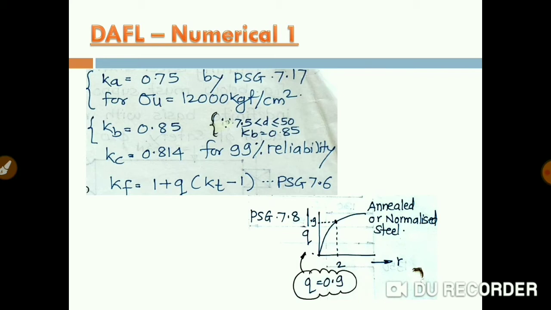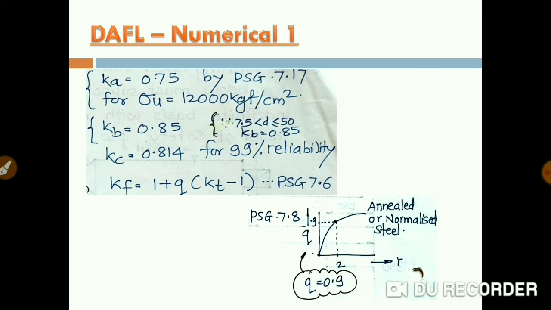Kf is equal to 1 plus q times Kt minus 1. From PSG 7.6 we can obtain q by referring to the graph for annealed and normalized steel. So q is equal to 0.9. Now we need to calculate Kt.